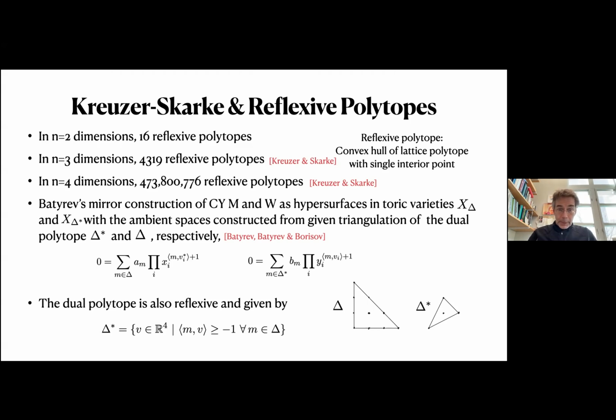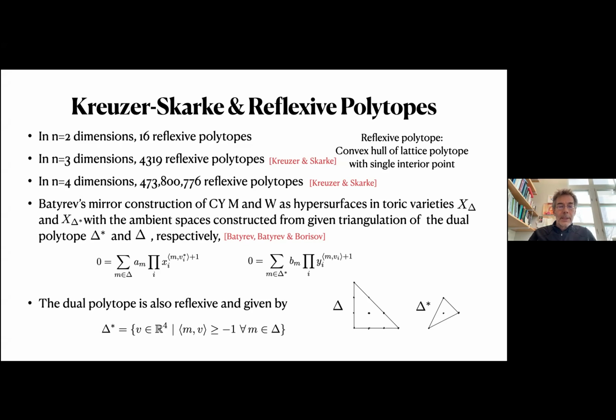So the work by Kreuzer and Skarke built on Batyrev's mirror construction, and also Batyrev and Borisov's work on generalizing this to nef partitions that give you the complete intersection result in toric varieties.